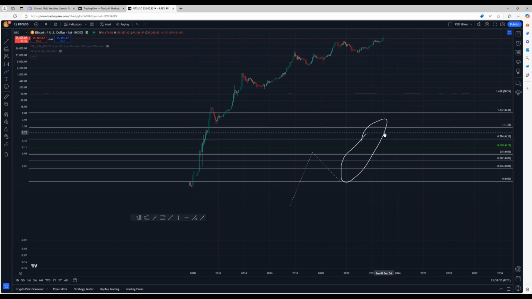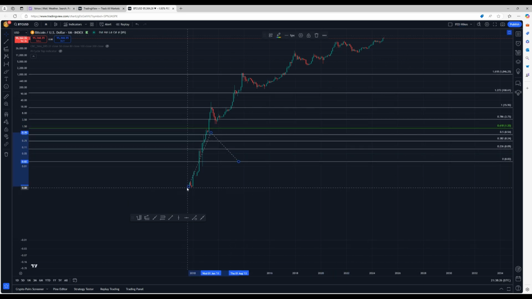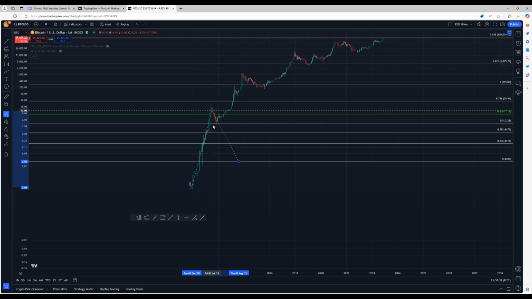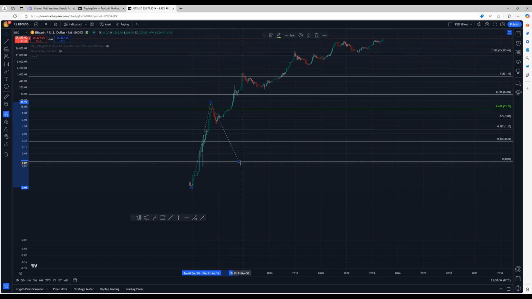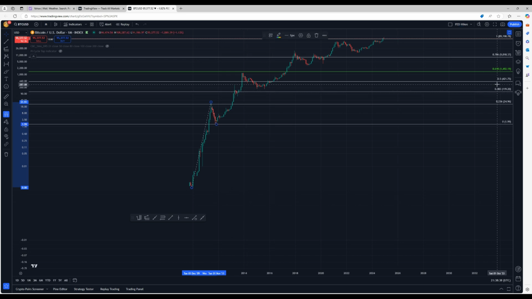So let me get rid of this. We'll just move this over here and we'll plot it on the price action. So here's a bull market top to the bottom of the bear market. Projects out.